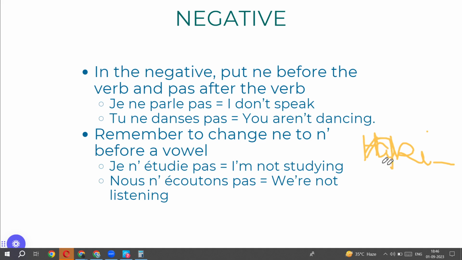We pronounce it with A, and when we pronounce it with A, it is a vowel, so we'll change it to an apostrophe. The same happens when we are doing it simply like that. Je, j apostrophe, and then the conjugation.